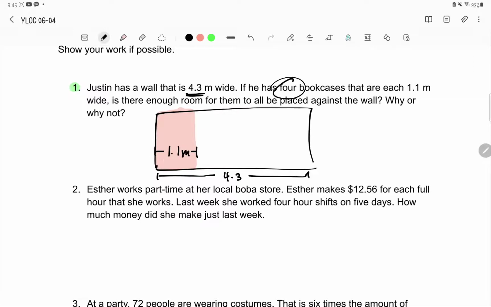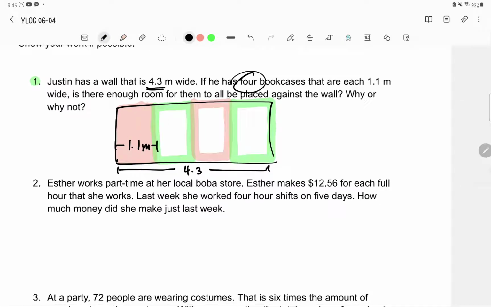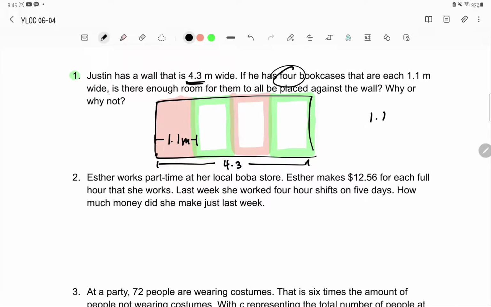And it says 4. So if we have 4, 1, 2, 3, 4, it's asking, do we have enough room? Let's find out. We have 4, so 1.1 times 4 is 4.4 meters.